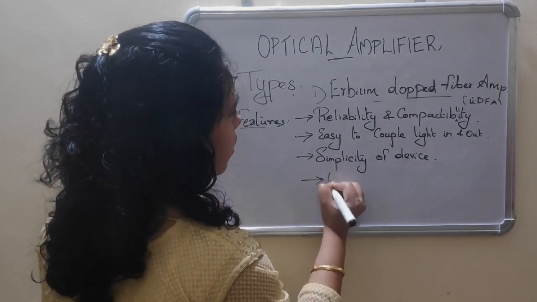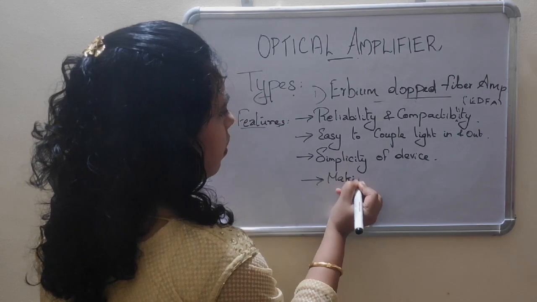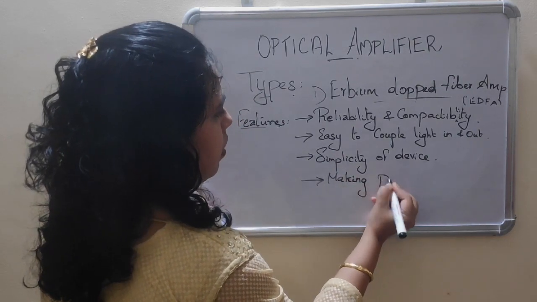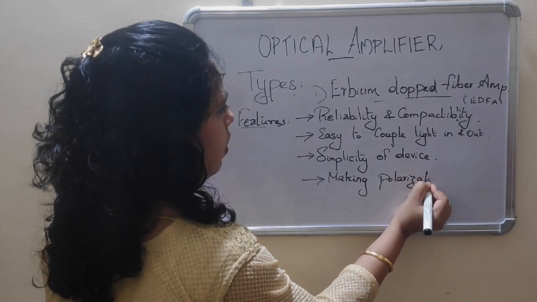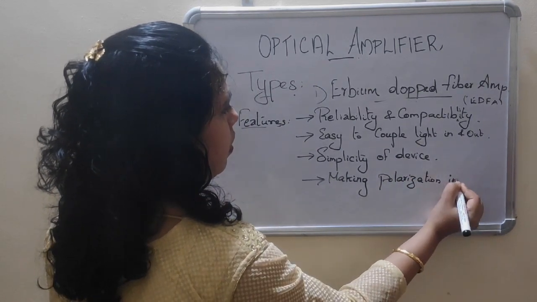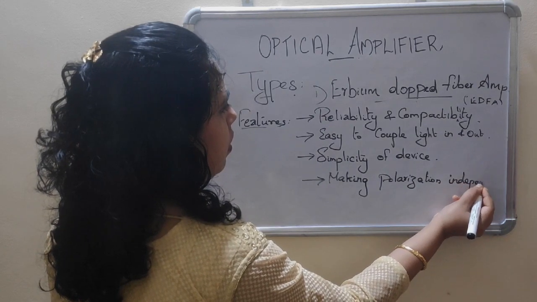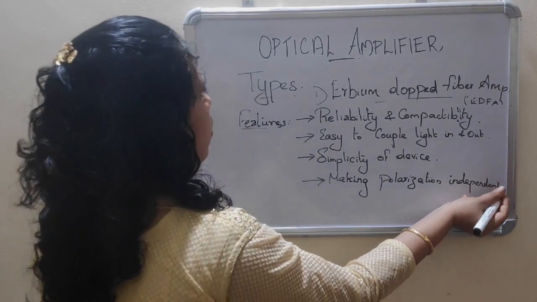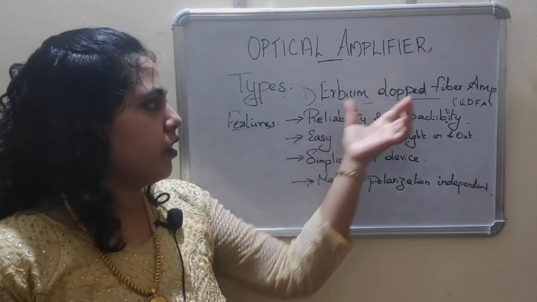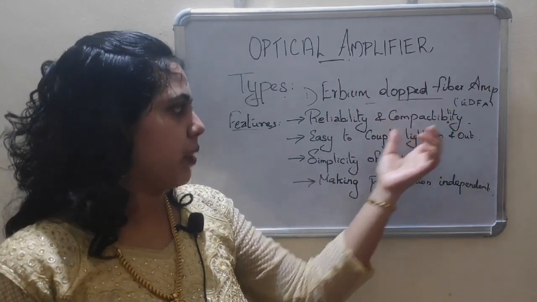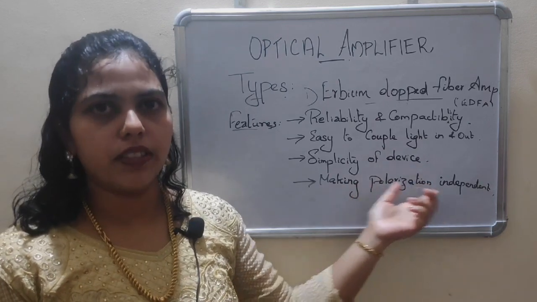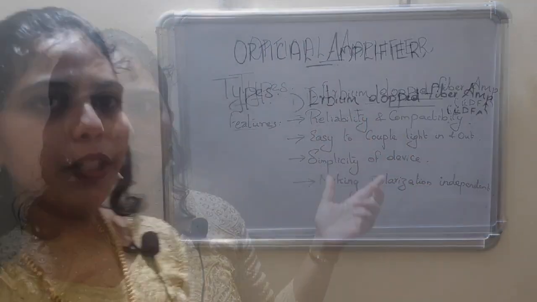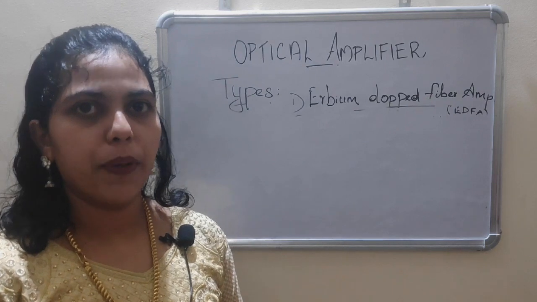Next one is making polarization independent. Okay, features of EDFA means reliability and compatibility, easy to couple light in and out, simplicity of device, and making polarization independent. Now we discuss the principle of operation of EDFA.